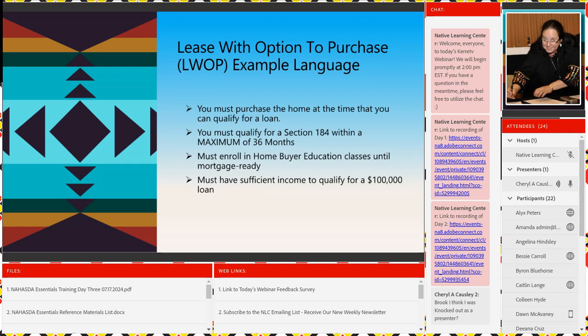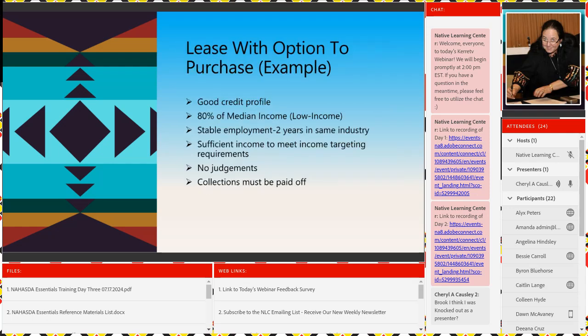And sufficient income to qualify for a $100,000 loan or whatever that threshold in your community will be. It costs a lot more money to build in California or Alaska than it does in Michigan. I mean, what they could build a 2-3 bedroom with, I could build a mansion with in Michigan, so it depends on where you live.